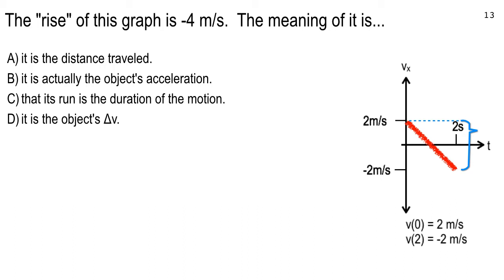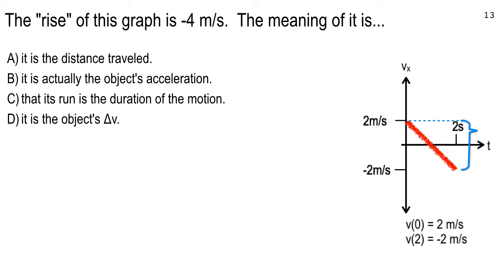What is the distance traveled? It's in meters. Yeah, the distance is meters. But what in this graph corresponds to the distance traveled? Not the run, not the rise, not the slope, the area of the polygons.